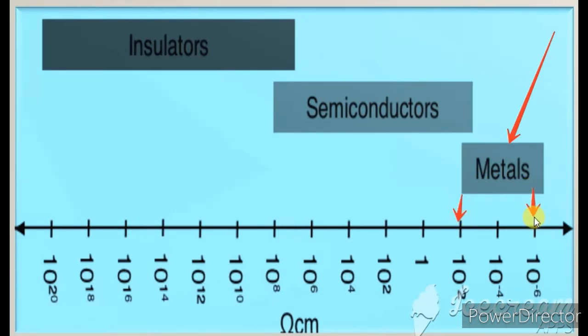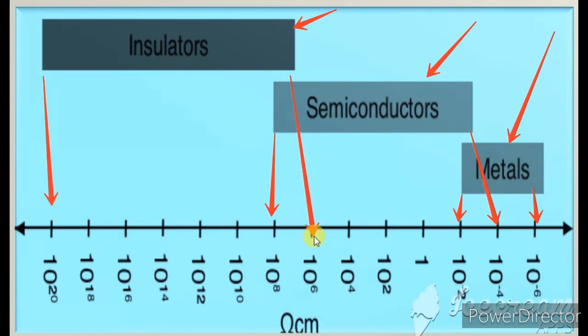Next are semiconductors, which have a little higher resistance, ranging from 10 power 8 to 10 power minus 4. And insulators have a very high resistance, ranging from 10 power 20 to 10 power 6. These are the ranges of resistance for all the materials.